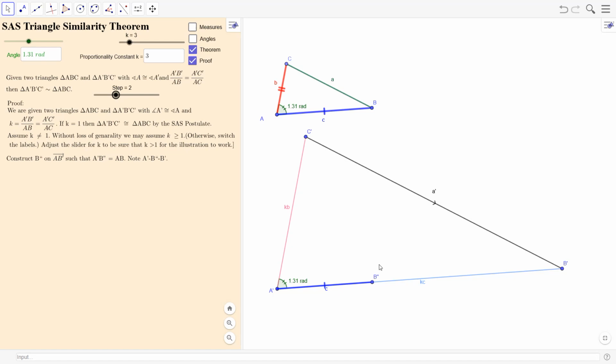Next, use the parallel postulate to construct a parallel line to this right here, and let its intersection over here be C double prime. So we're constructing line segments B prime, B double prime, C double prime, so that this line segment's parallel to this one here, B prime, C prime. And of course, then C double prime will be between A prime and C prime, like that.